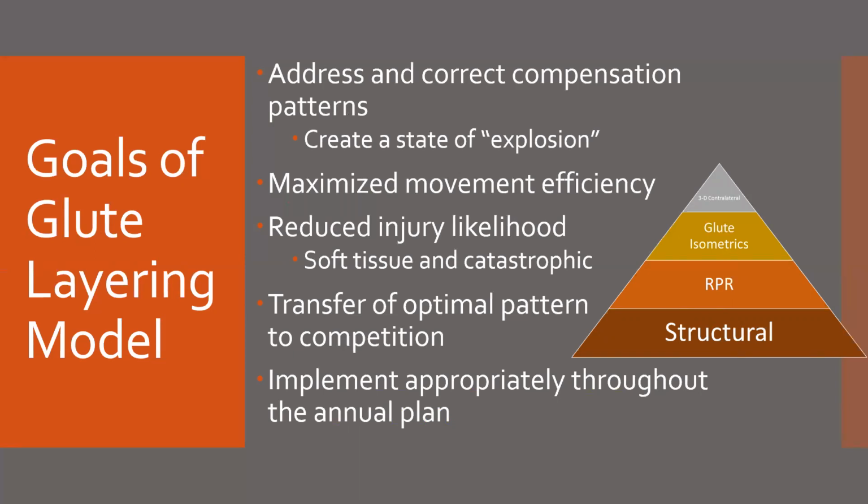So the 3D contralateral is great for volume, and all of these other layers here are great for basic introduction of these principles. But then it's important that as a coach, you're continuing to utilize this hip extension firing pattern throughout training to make sure that your athletes have it available for them on the field.